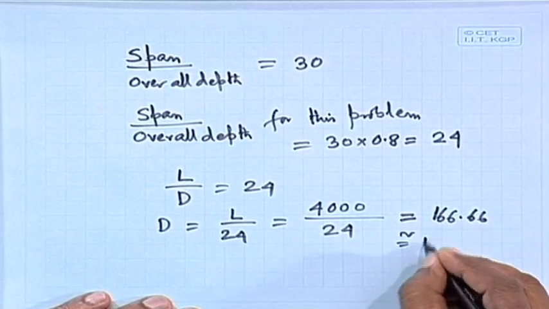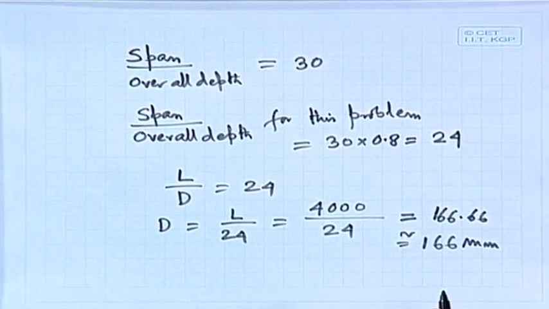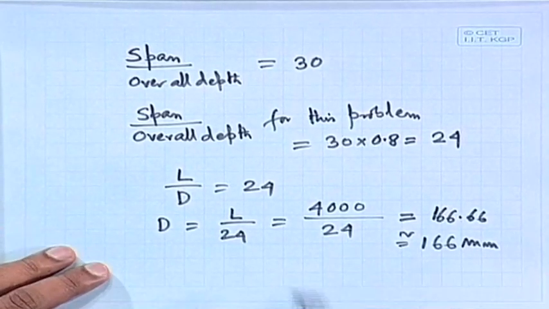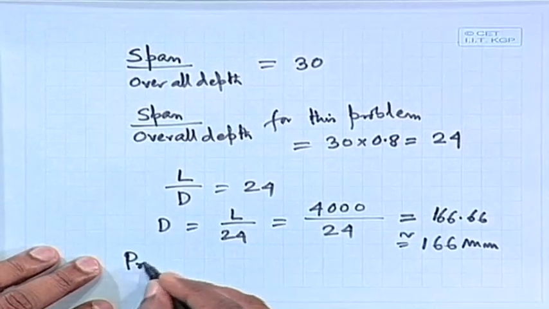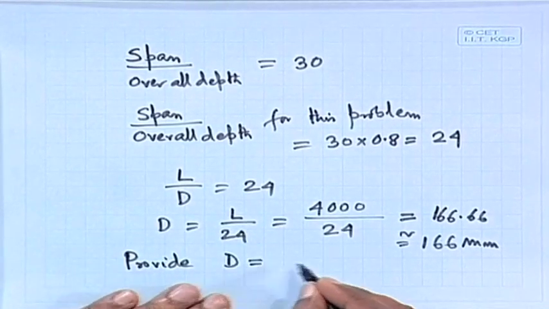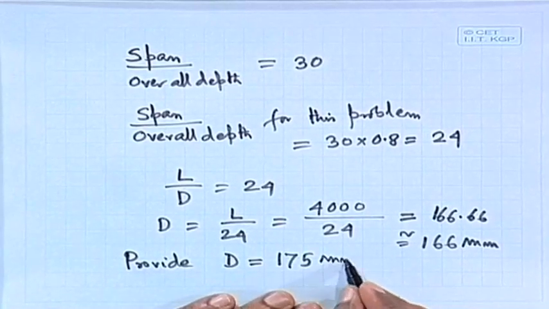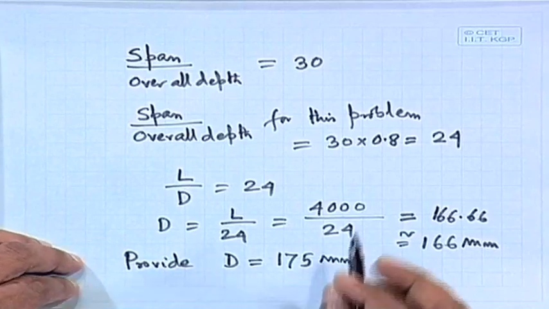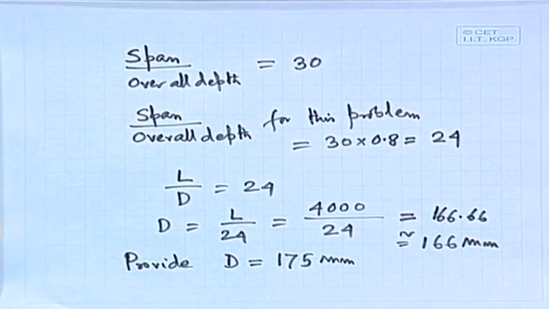166.66, let us take 166 millimeter. So, let us provide D equal to 175, this is quite high. Generally in this type of slab, from our experience, 150 may be sufficient.